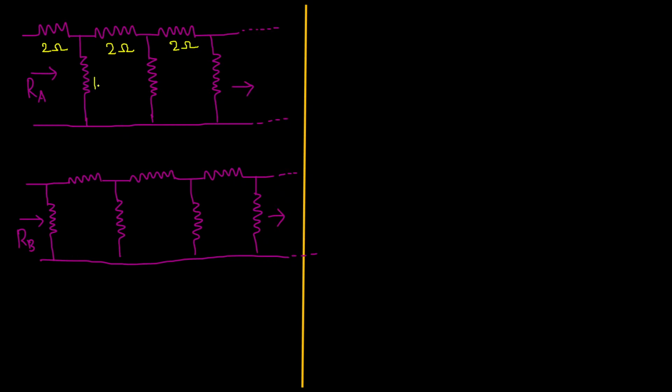Similarly, these parallel branches have 1 ohm, 1 ohm, 1 ohm each. If you observe the next network, this one has 1 ohm, this also has 1 ohm, 1 ohm, and so on. Similarly, this one has 2 ohm, 2 ohm, 2 ohm, and so on.